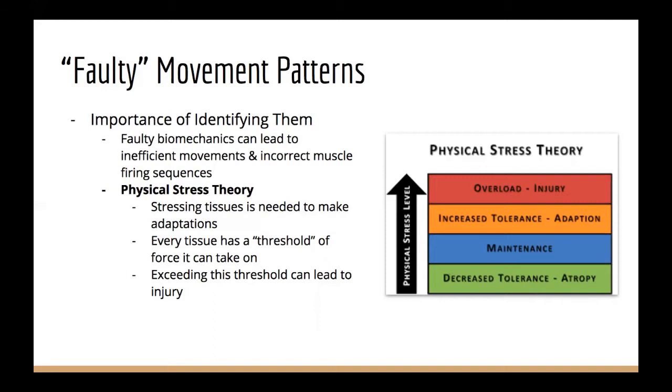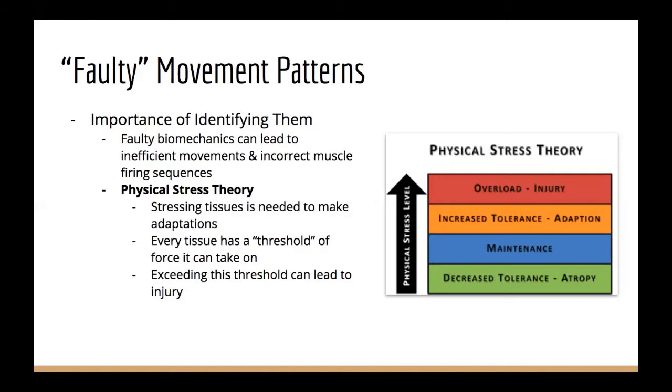The other reason is something called the physical stress theory. Now, you all probably know what this theory is without actually knowing the name, and this is just the idea that to get a certain adaptation, whether that's strength or putting on more muscle mass or things of that nature that most people go to the gym for, you need to apply a certain amount of stress to said tissues, whether it's ligaments, muscles, tendons, things of that nature.